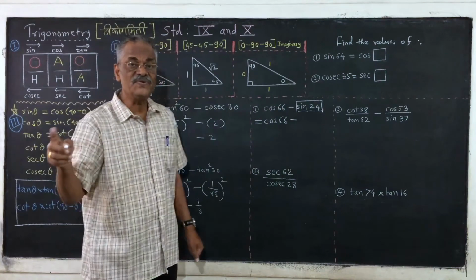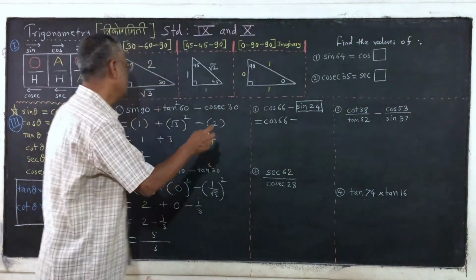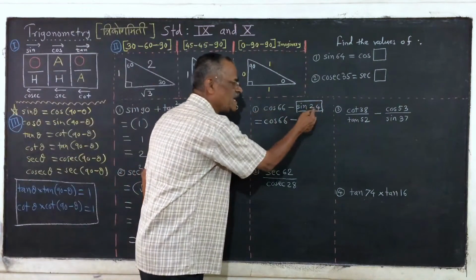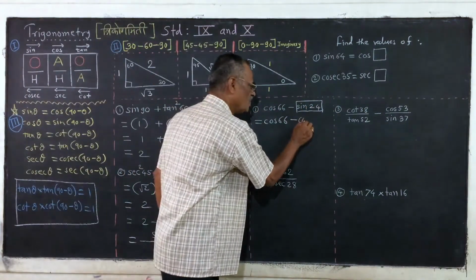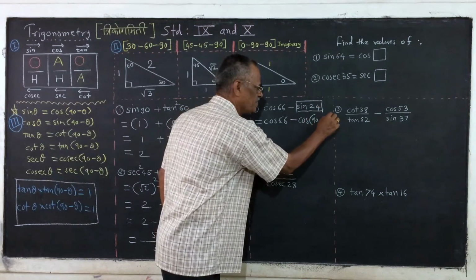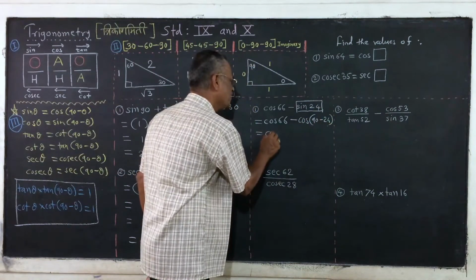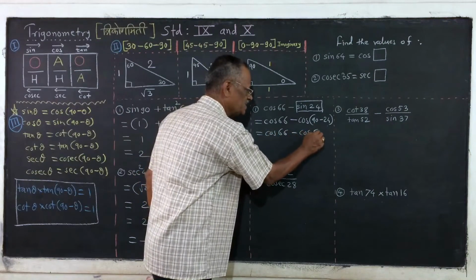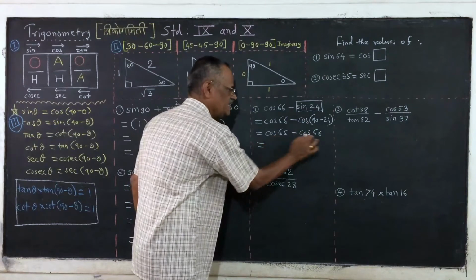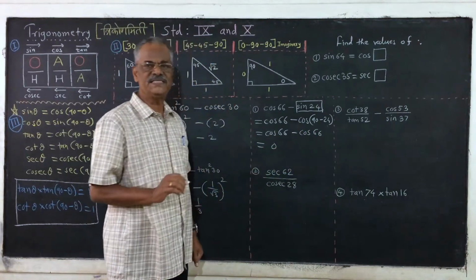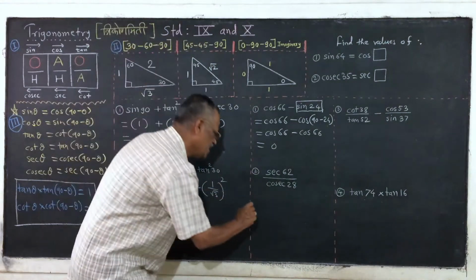Sin theta is equal to cos of 90 minus theta. Remember this identity. So what is that? You are getting cos of 66 minus cos of 66, and you know that the difference is 0. Very interesting.